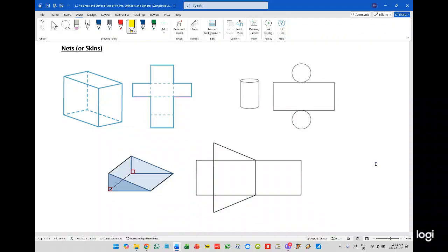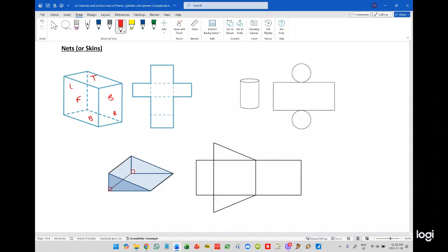I'm not going to spend too much time here because I think you can justify to yourself why they look like this. So for instance, as an example, our box here, if we think of this as the front, and then this is the back, and this is the top, and this is the bottom, and this is the right side, and this is the left side. I realize that it takes a little bit to visualize that since I've labeled letters in the same areas, but you get the idea.